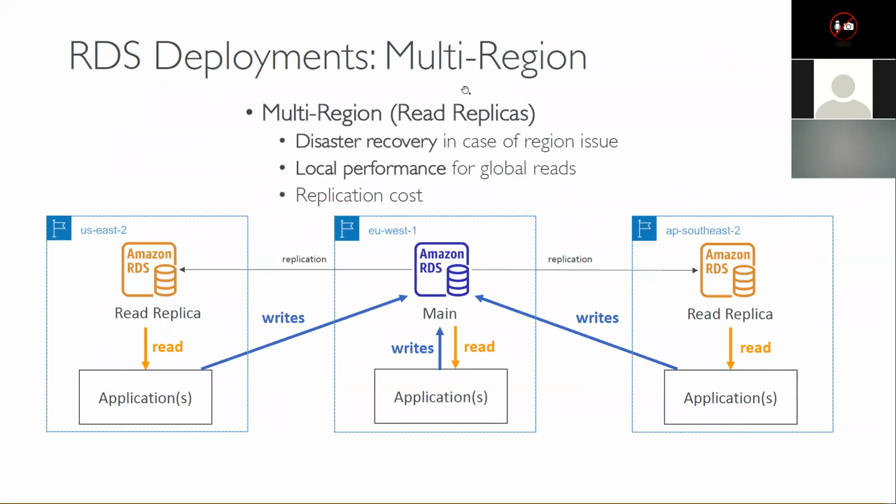In a multi-region setup, different regions, let's say US East 2, Europe, then APAC, Asia Pacific, Europe, America, that's possible as well. Your master database is here, but in the US East region and APAC, it is only a read replica. So if someone wants to send an update, they will contact EU West 1. So it can serve 3 regions at the same time.